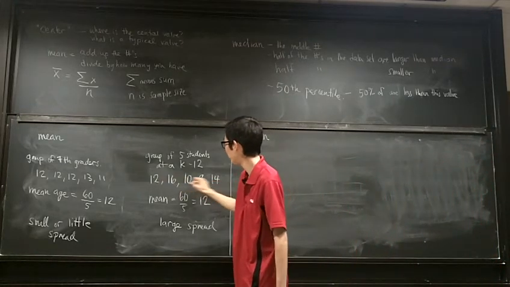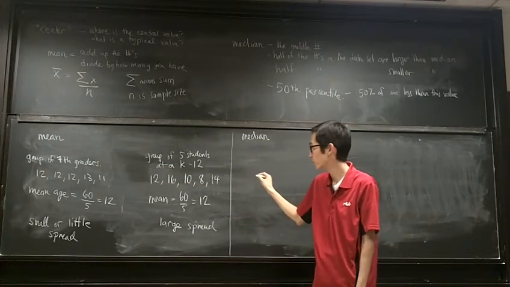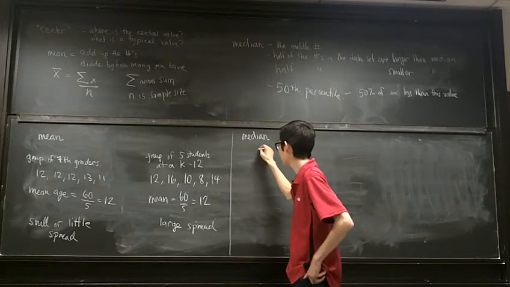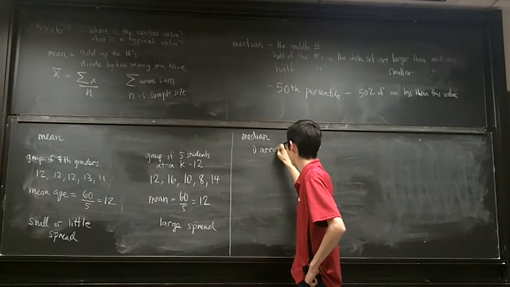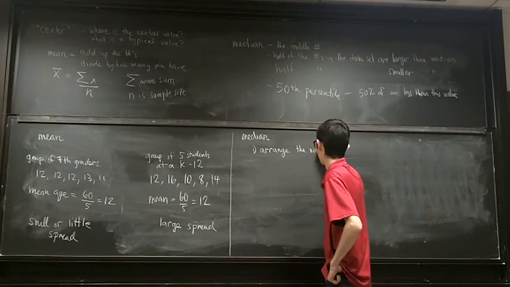So for this group of 5 students, what would the median age be? 12. Okay. Because to find the median, your first thing is to arrange the values from least to greatest.